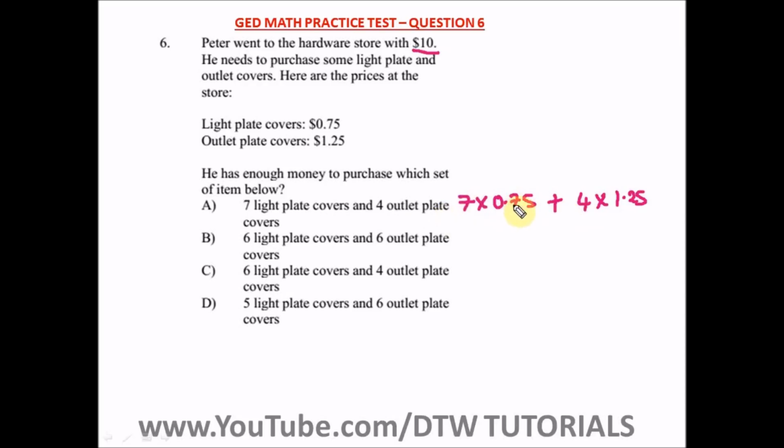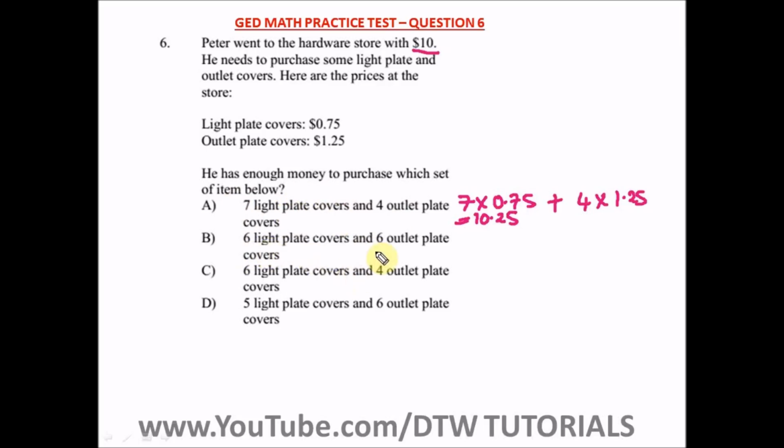If we punch it in our calculator, we get $10.25, which is more than $10. So he doesn't have enough money to buy option A.